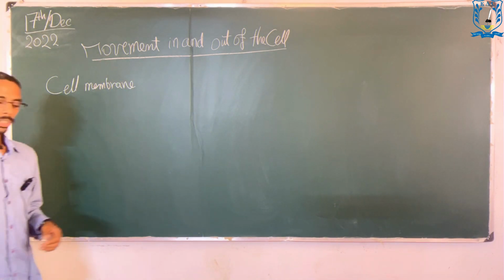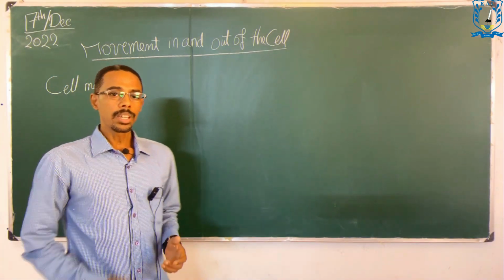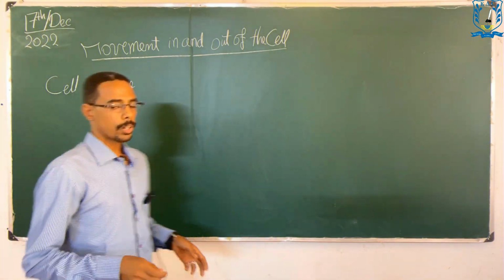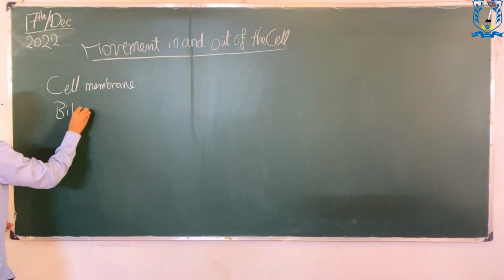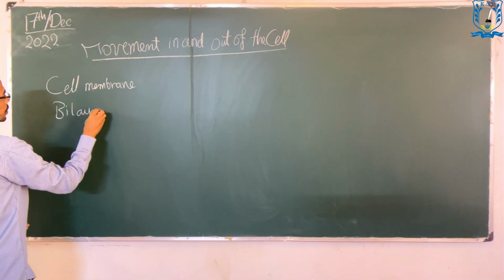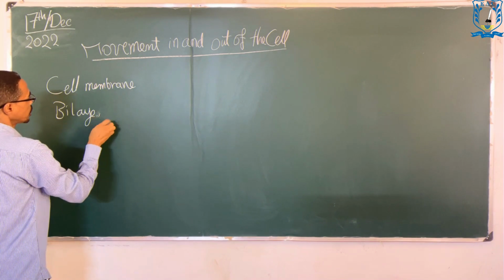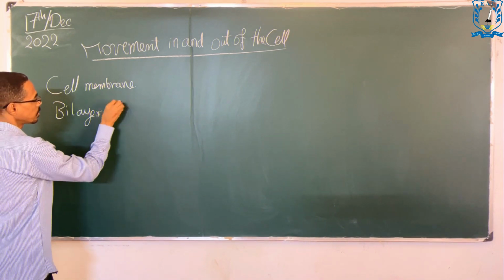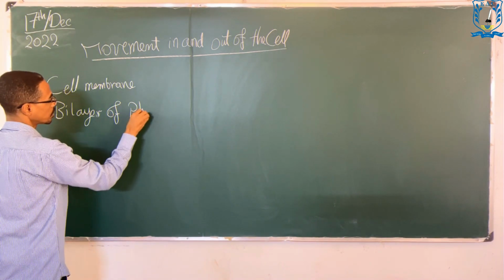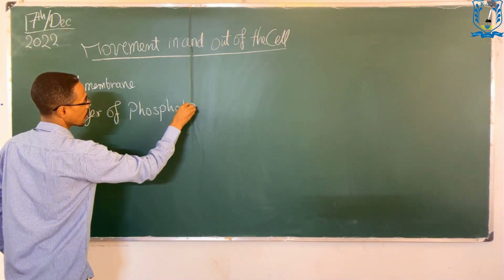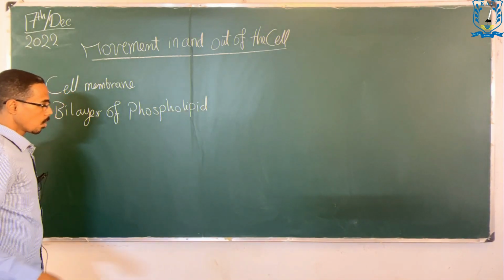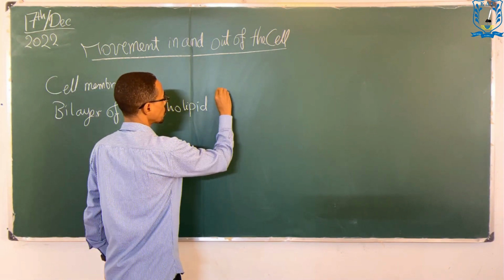The cell membrane, as you know, is chemically made of a bilayer of phospholipids, which is structured like the following.